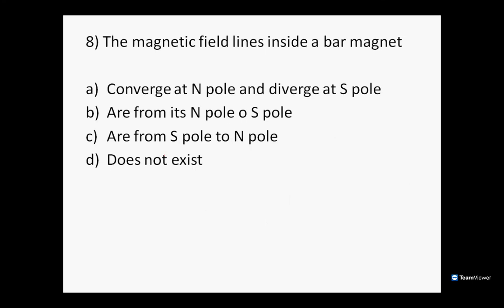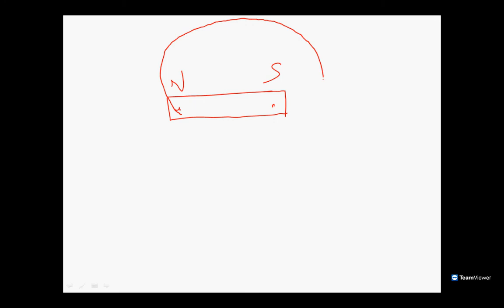Next, 8th question. The magnetic lines inside a bar magnet. You know that this is the North Pole and this is the South Pole. The magnetic lines of force always start from the North. Remember, don't think that it will end at this point. It will continue with this.